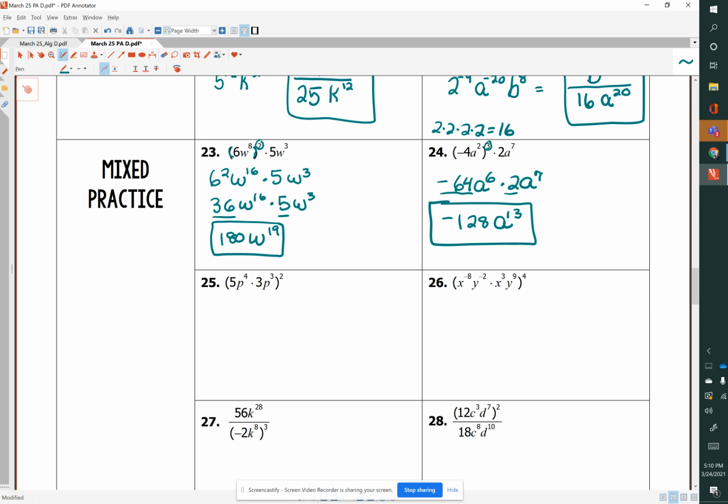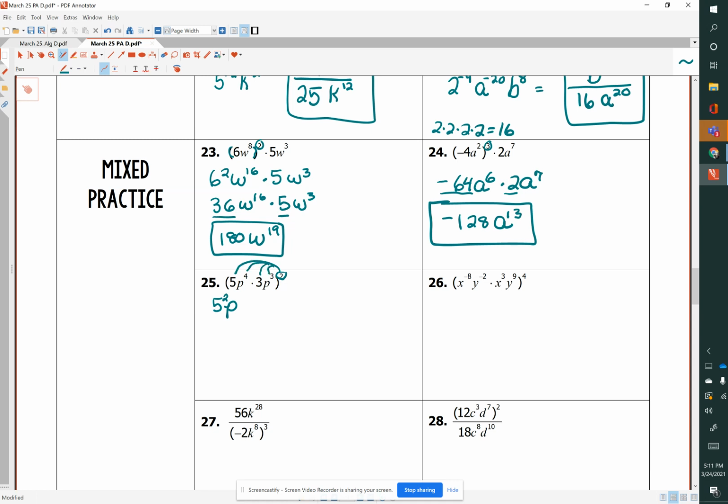On number 25, another multiplication problem combined with a power to a power. I'm just going to copy the left side and evaluate the exponents only first, so you can kind of see it step by step. So I have 5 to the second, p to the, because the 2 applies to everything.